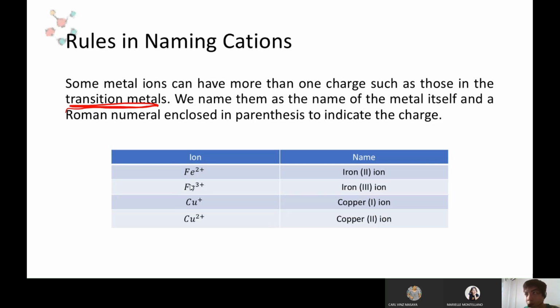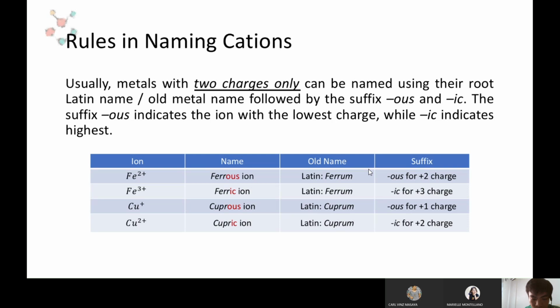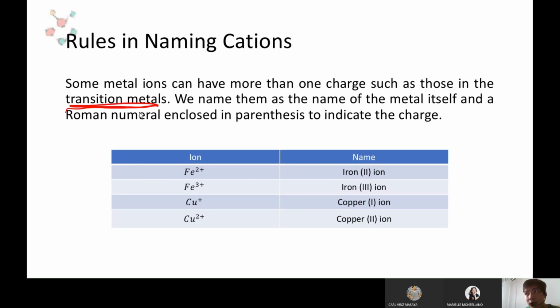So, every time you have a transition metal that forms multiple charges, we can use this method: the name of the metal with the Roman numeral enclosed in parentheses that indicates the charge. So, keep that in mind.